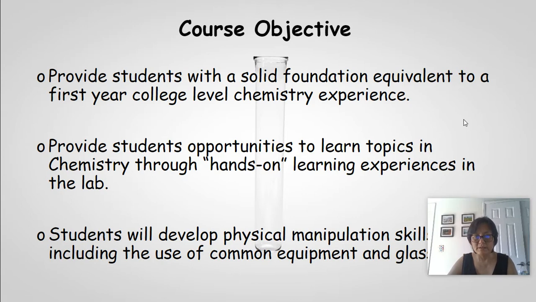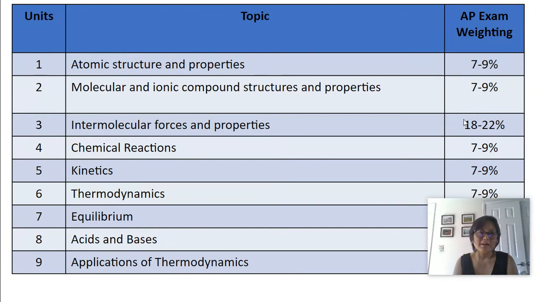Second, because you're doing a lot of experiments, you will have the opportunity to have hands-on experience where you will develop skills, how to manipulate the glassware, how to read the measurement from the glassware with correct significant figures. Okay, so those are basically the big ideas on the objective of why you should be taking this class. Well, it's totally up to you, but now, what are the topics that we cover?